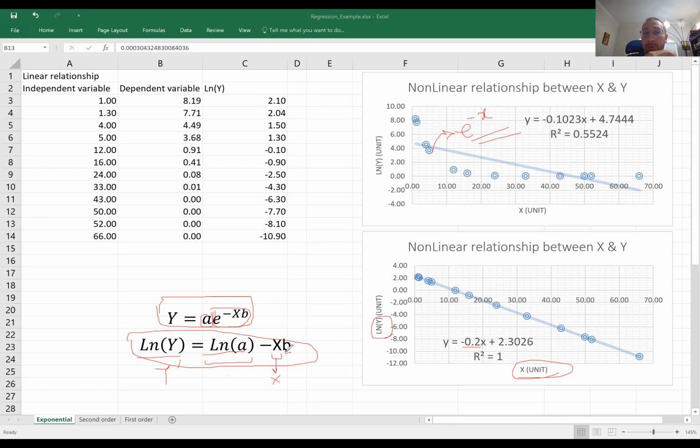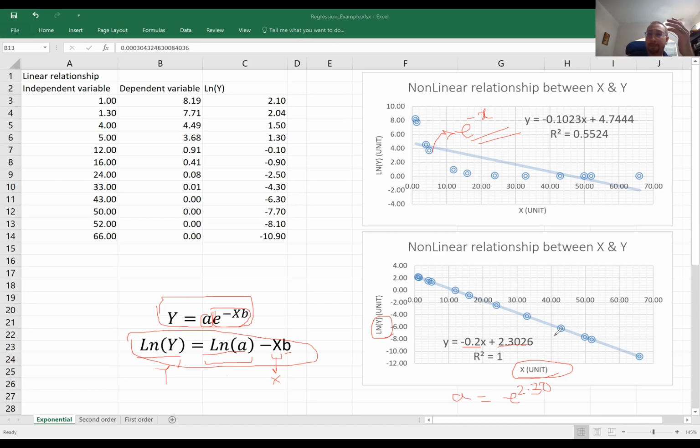So minus 0.2 is equal to minus b. The other thing is the natural log of a is equal to this. So a is e to the power of 2.30, whatever this value is.